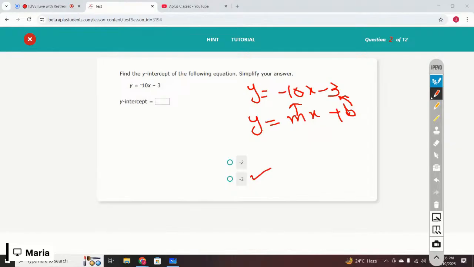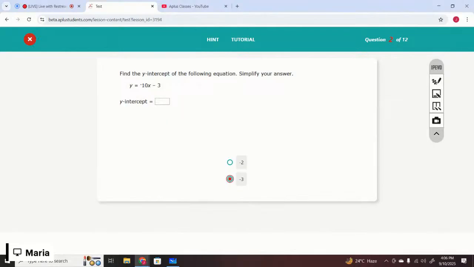Got it? The correct option is option number 2, that is negative 3.